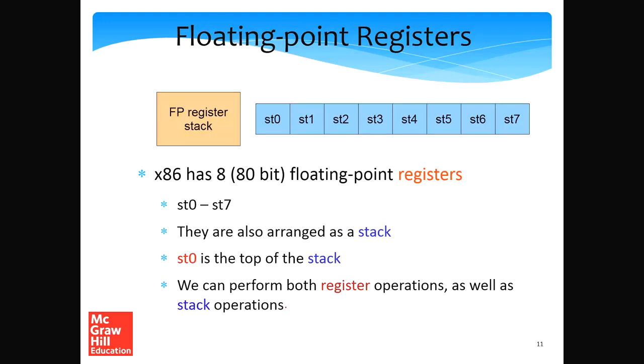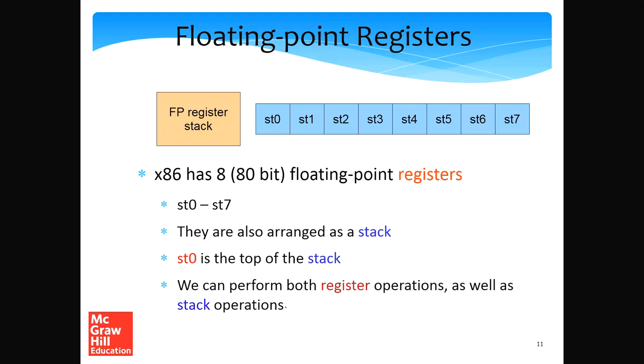So now let's take a look at the floating point registers. We didn't discuss the floating point registers in x86 and ARM, mainly because ARM added floating point support somewhat late, and it was not a good idea to have it as a part of a basic course. But floating point support has been there in x86 for a long time now.